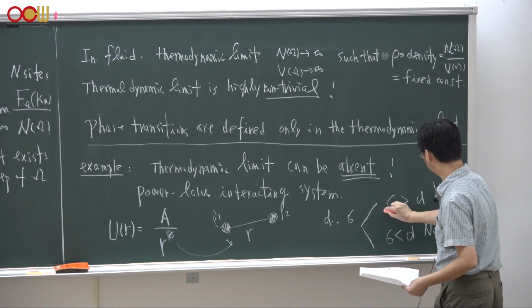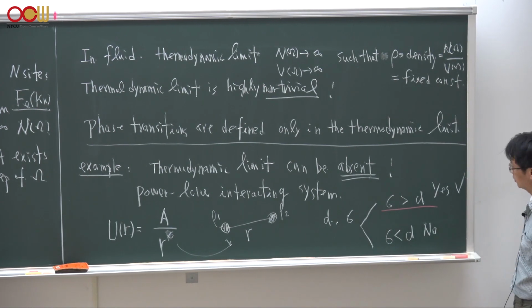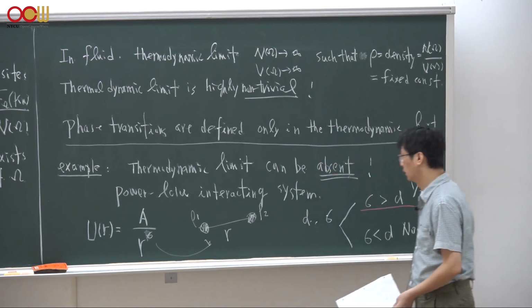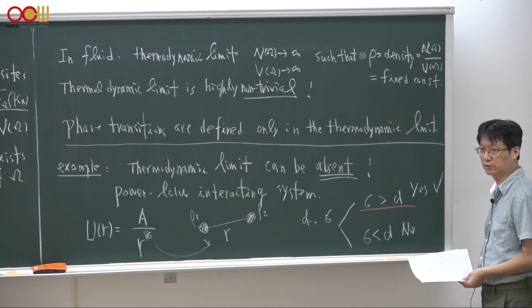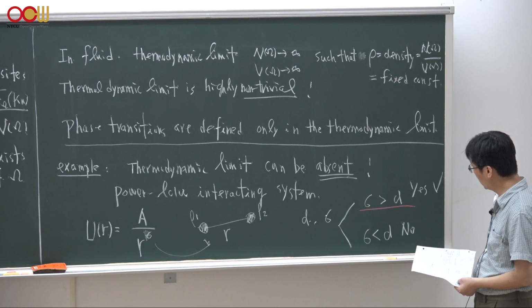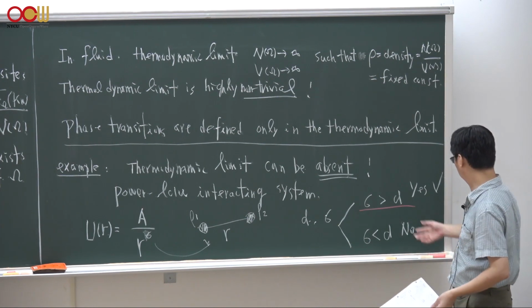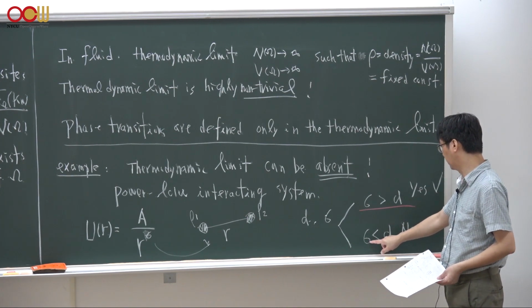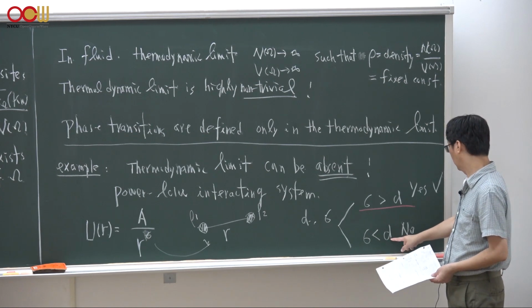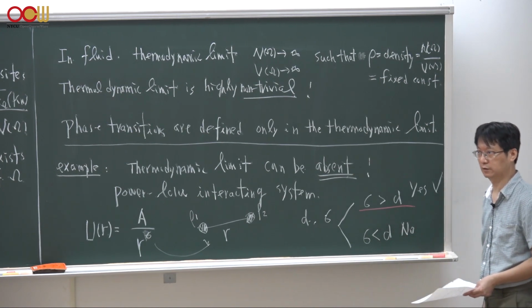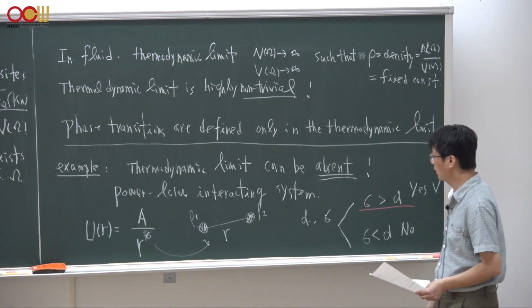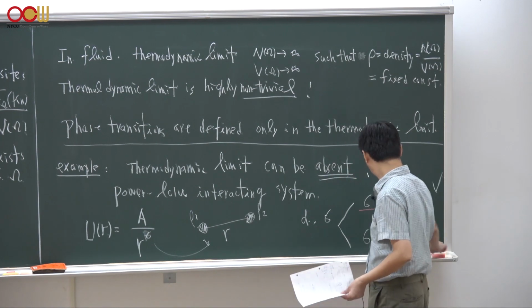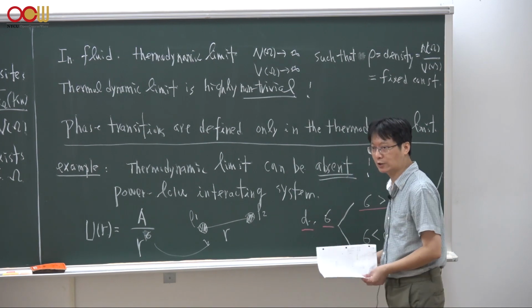So when sigma, the power of the interaction strength in terms of distance, is greater than the dimensionality d, then we have a thermodynamic limit. In the reverse limit, when sigma is smaller than d, we don't have a thermodynamic limit. So it really depends on the dimensionality and the form of interactions.